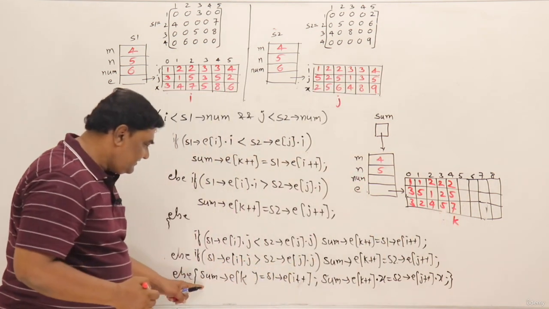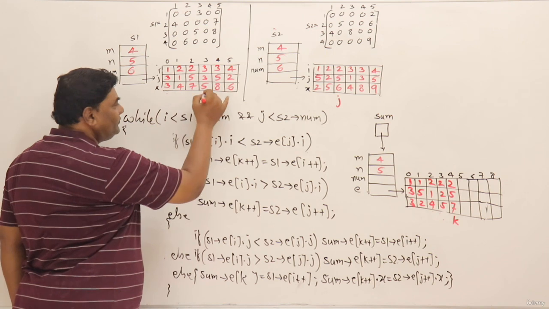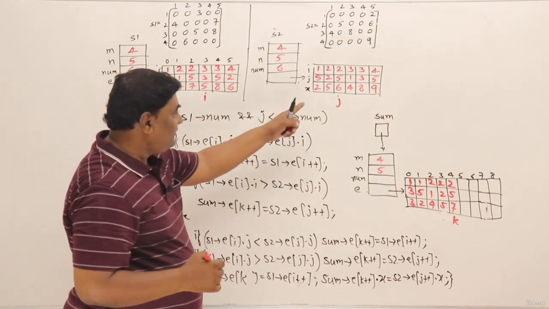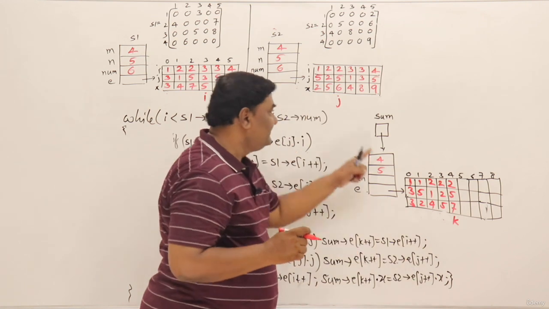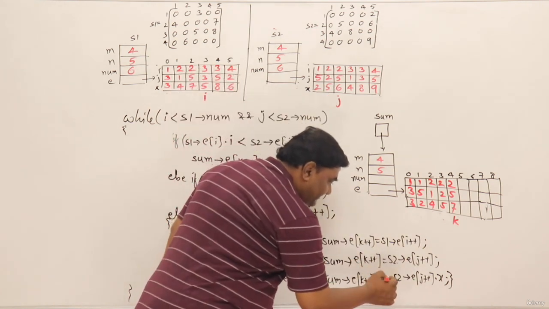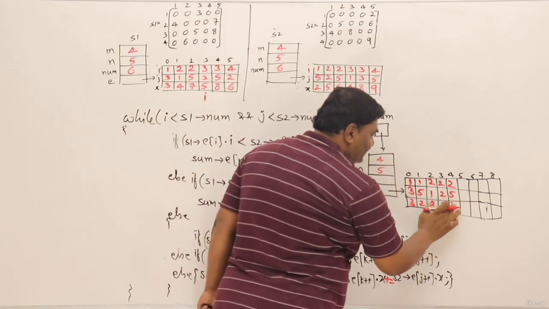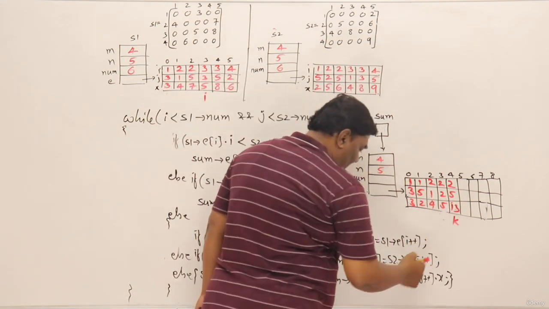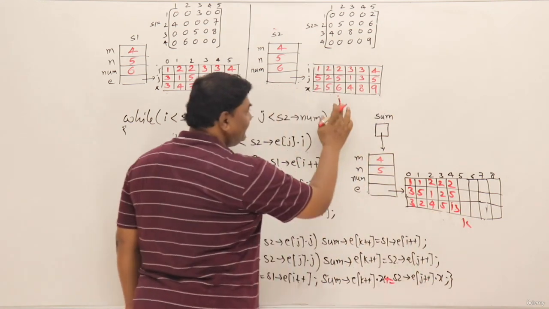As I have copied S1's element, I is incremented. But that value should also be added. So here I am adding in X the value of this one, with a plus sign. So 6 is added to this one. So this becomes 13, and K is incremented as well as J is incremented.